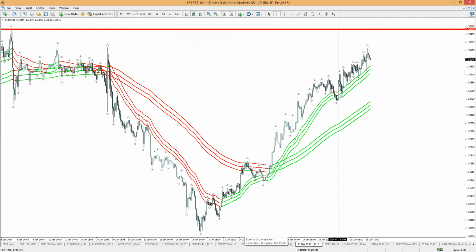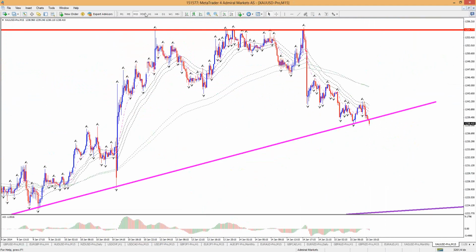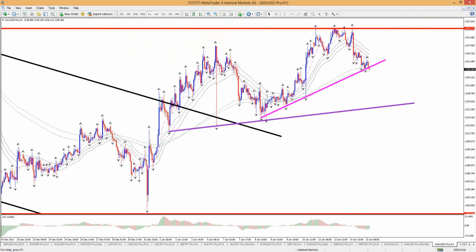Michael's asking about gold. Let's take a look again. We did take a look, but no problem. We said that basically gold is not in the ideal position, but generally speaking, a break of this magenta line could see a counter move down to the purple, for example.